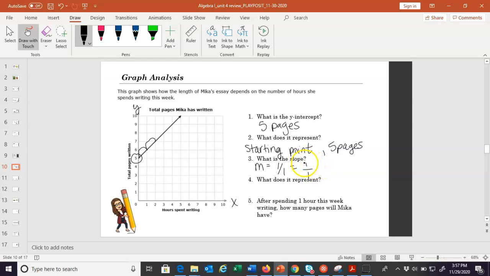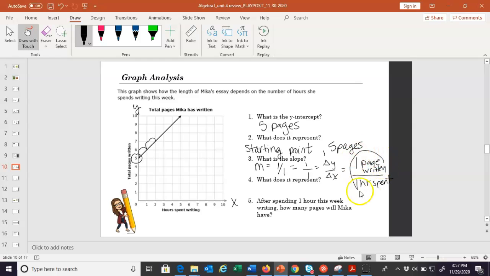So we know that slope is rise over run. That's the change in y over the change in x. So y is on the top. So the y values represent what? Pages written. So 1 page written over 1 hour spent. And that's it.